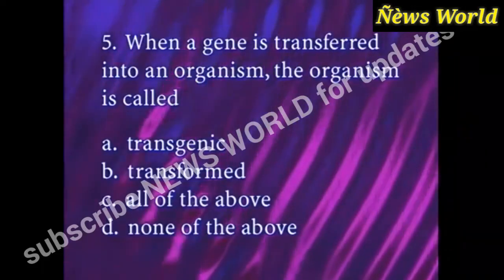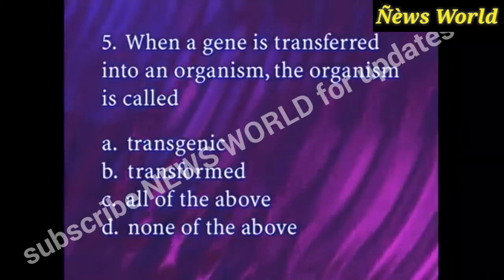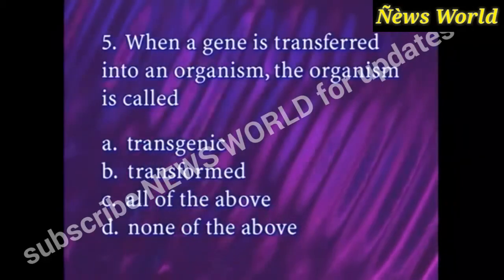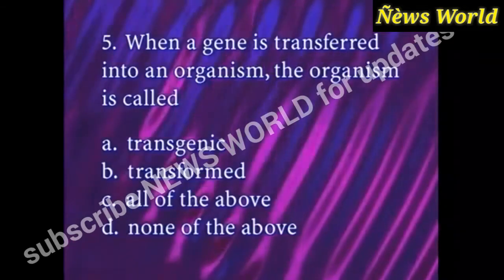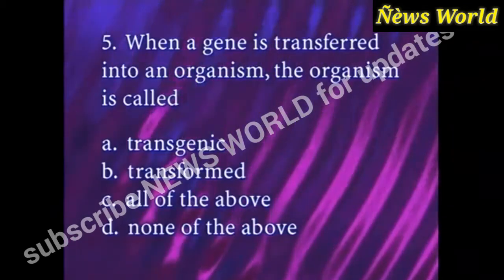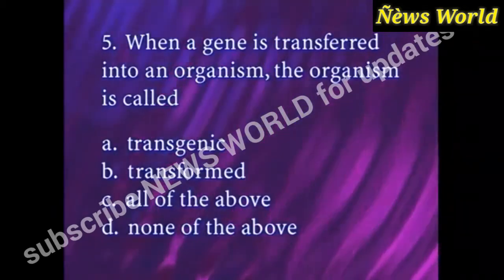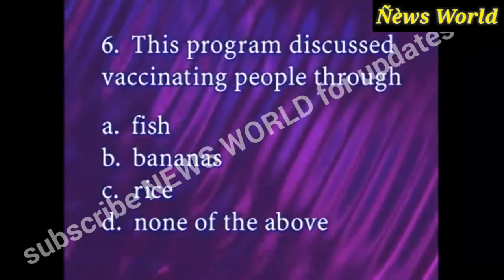When a gene is transferred into an organism, the organism is called: A. Transgenic, B. Transformed, C. All of the above, D. None of the above.